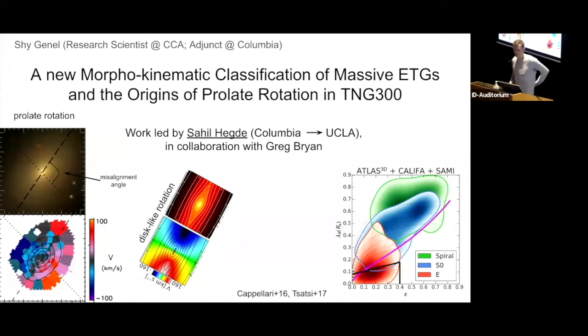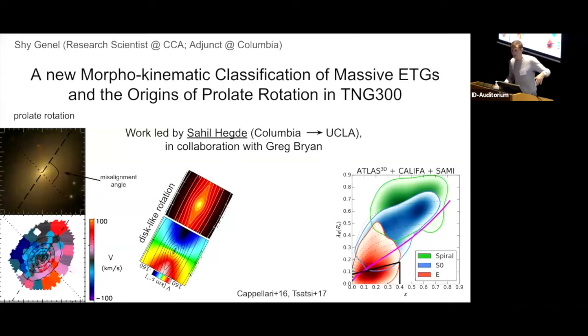In this project, we looked at massive elliptical or early type galaxies in the TNG300 simulation and tried to do two things. One is to classify these galaxies in new ways. What you see here in the bottom right is the usual way of classifying the kinematics and shapes of galaxies.